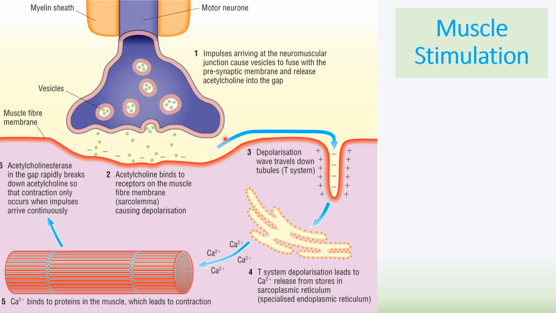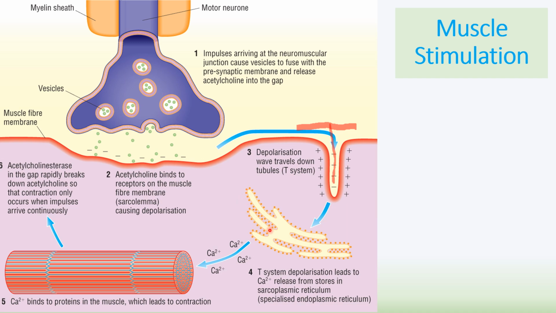But the muscles are adapted to have something called T systems, and you think, why are they called T systems? Well, if you just think about it logically, this looks like the letter T. The impulse travels down the T systems, and that causes depolarization, which causes calcium ions to be released from the sarcoplasmic reticulum, which is specialized endoplasmic reticulum.